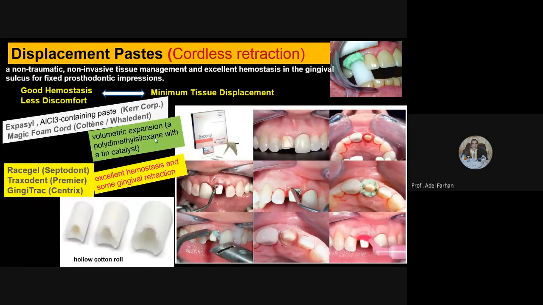طبعا most of these materials الاكشن مالتها when we use it مو قوي الا باستخدام الهولو cotton roll. We place hollow cotton roll after you inject the material inside the gingival sulcus and we start from the interproximal area. Then you place الhollow cotton roll and ask the patient to close on it. طبعا هاي الهالو راح تفوت بالسن وتضغط الماتيريال وين هذا المريض راح يصير combination of chemical and mechanical.